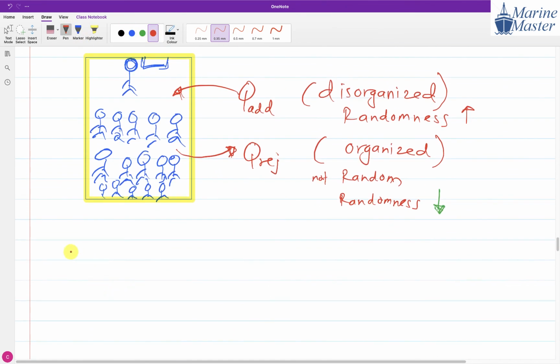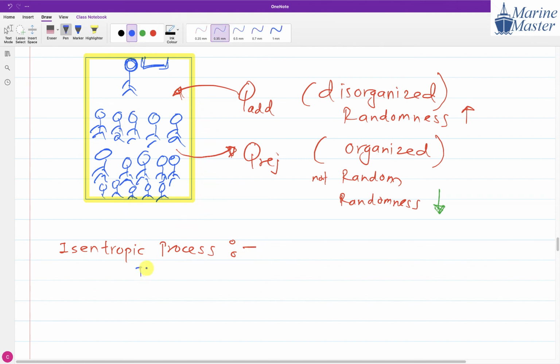Now the next thing is the isentropic process. Give the next heading: isentropic process. Yes, sir. Now what is meant by isentropic process?